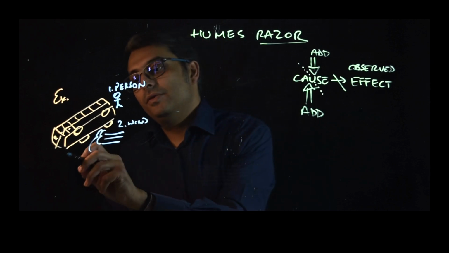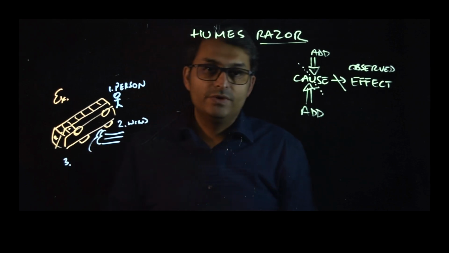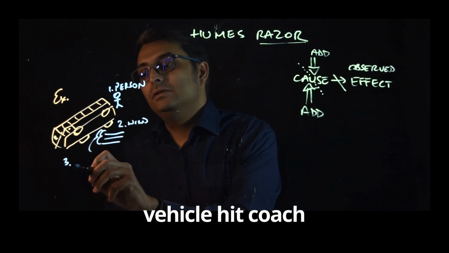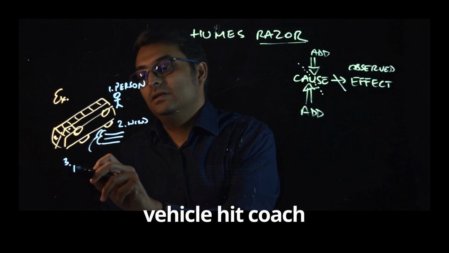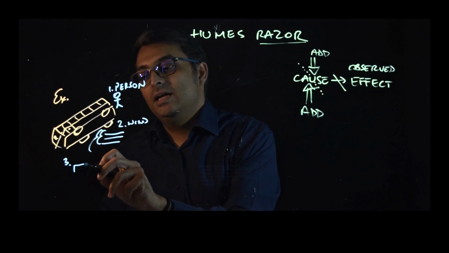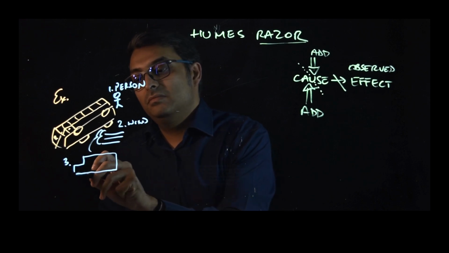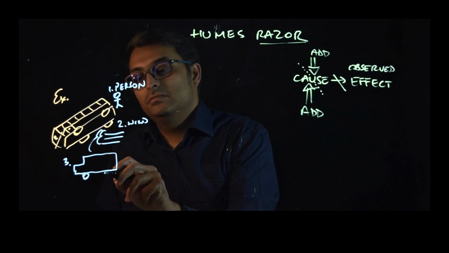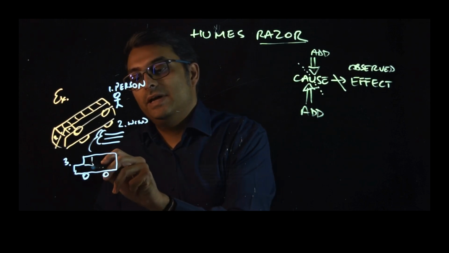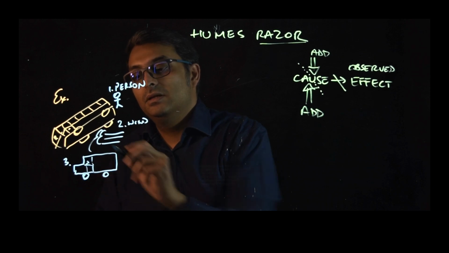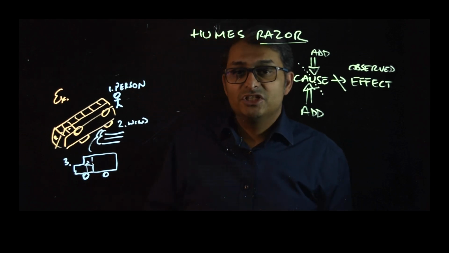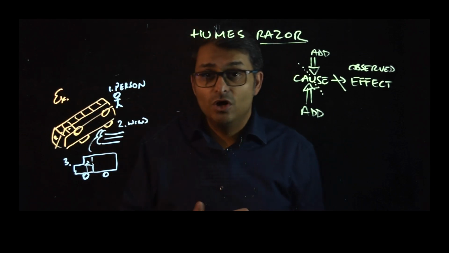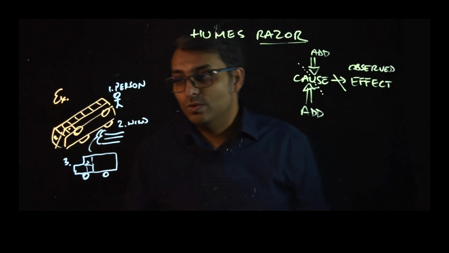And then number three, the third reason is that another large vehicle, let's just say a transit van or a sort of a van, has crashed into or hit the coach, causing it to upturn.